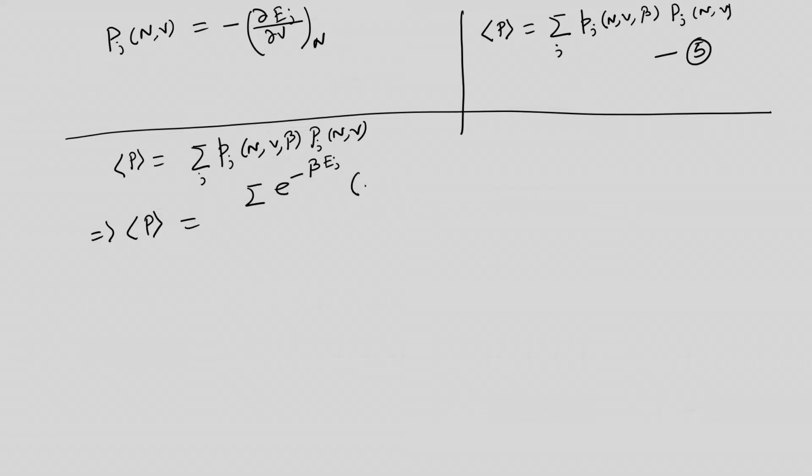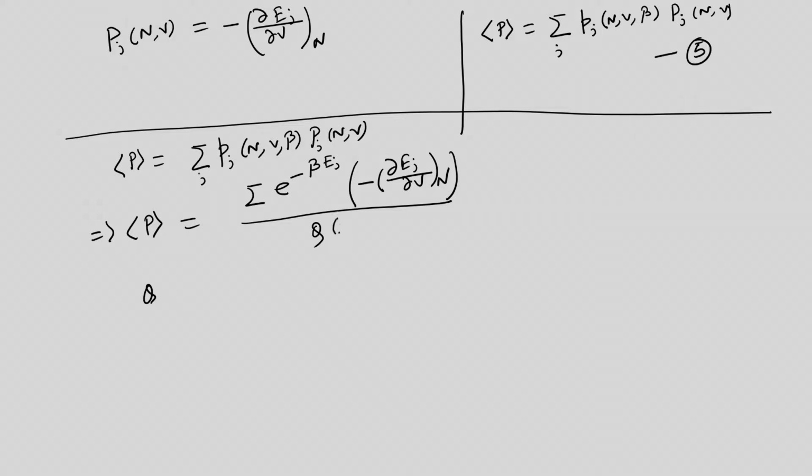So, Pj is again our minus del Ej by del V at constant n, divided by Q. Now, we know Q is nothing but sum over j e to the minus beta Ej.